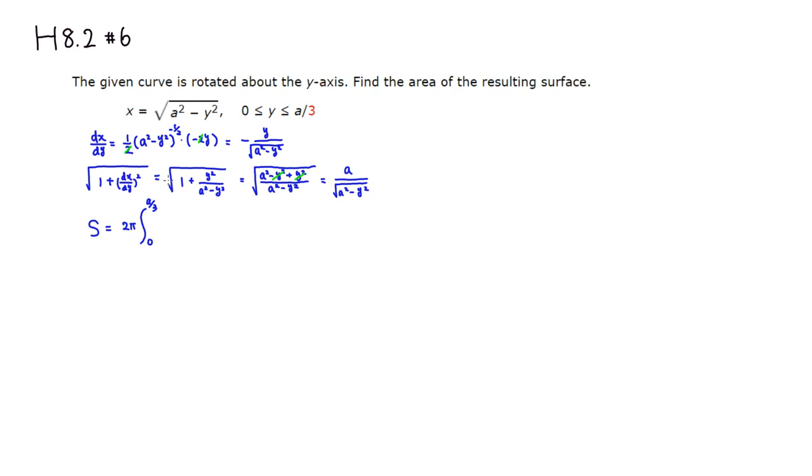We're rotating about the y-axis, so the radius is the x value, which is given as the square root of a squared minus y squared. That's the radius.